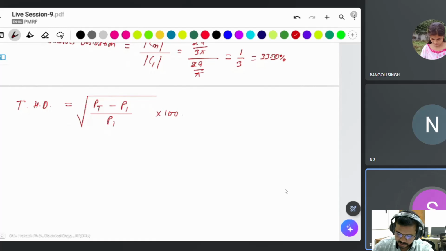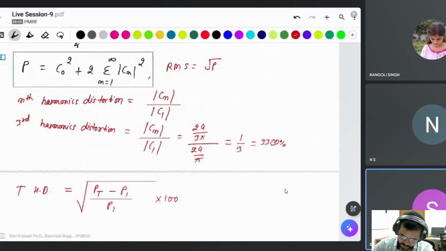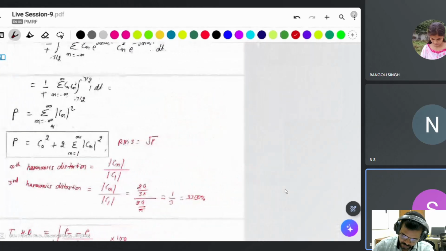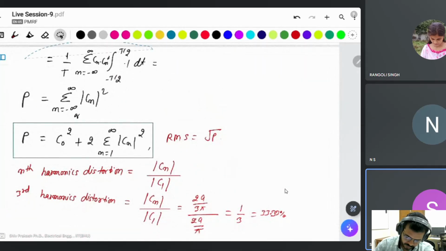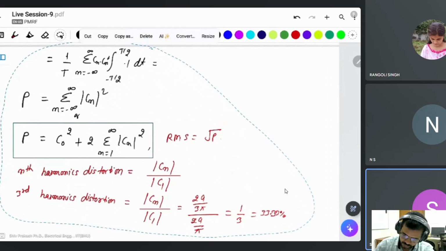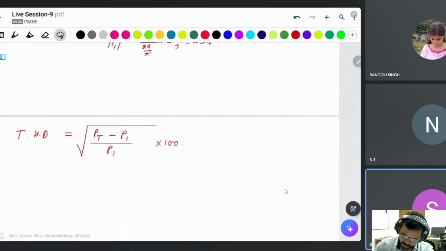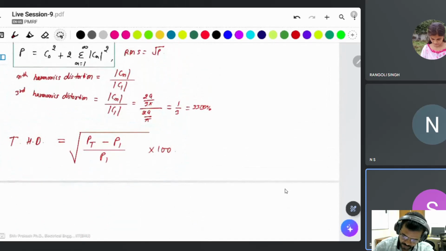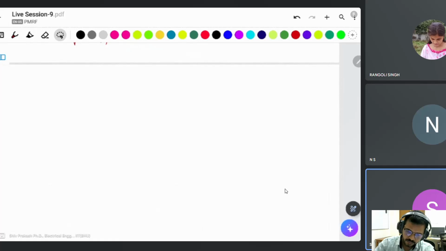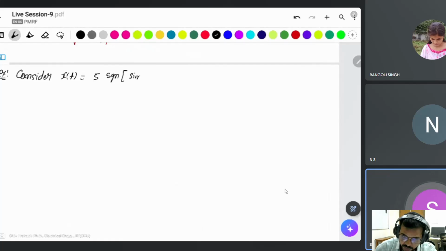Okay, let's take questions. The question is: consider x(t) is equal to 5 signum function of sine of 20 pi t plus 5.